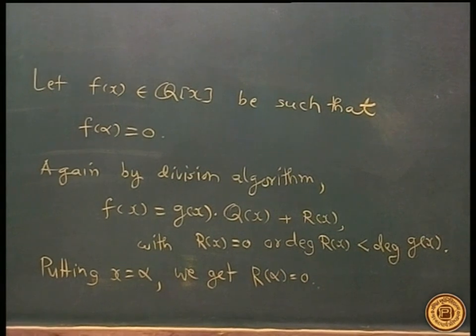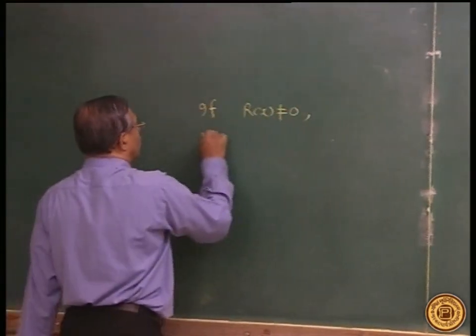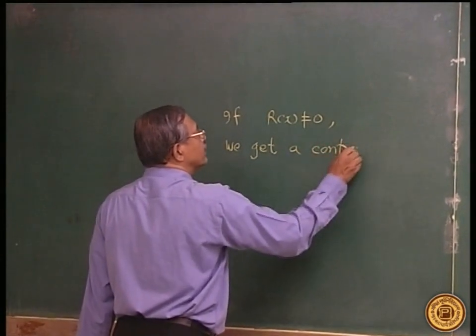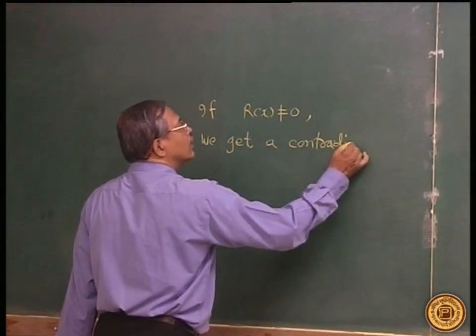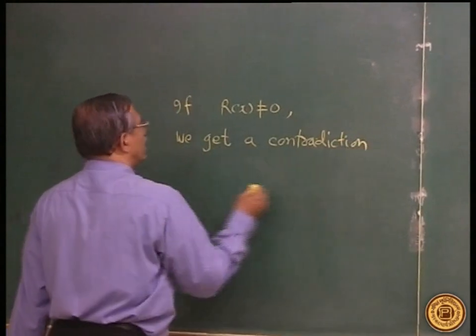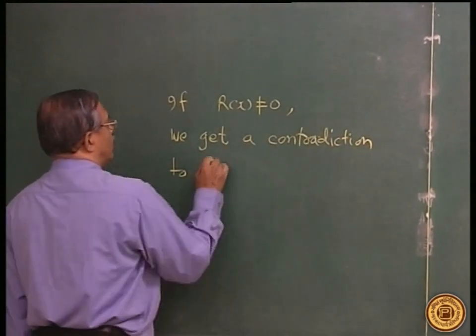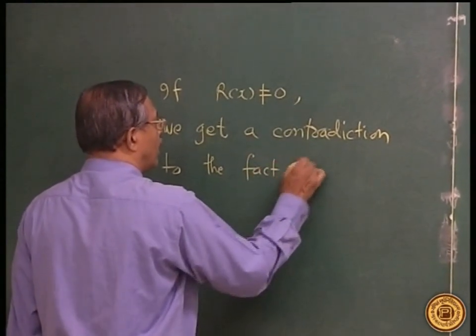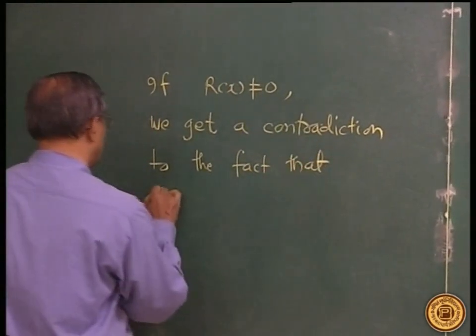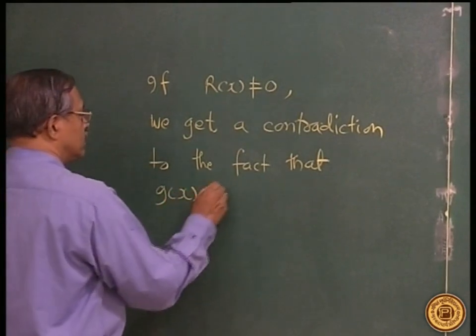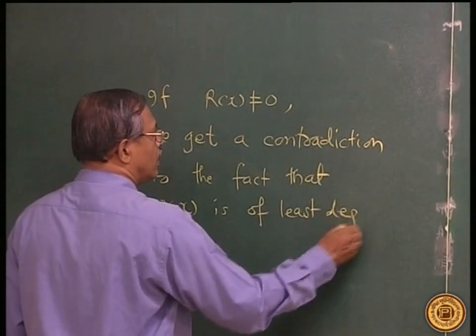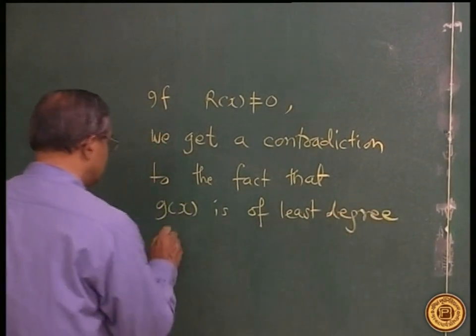If Rx not equal to 0, we get a contradiction to the fact that Gx is of least degree and satisfied by alpha.